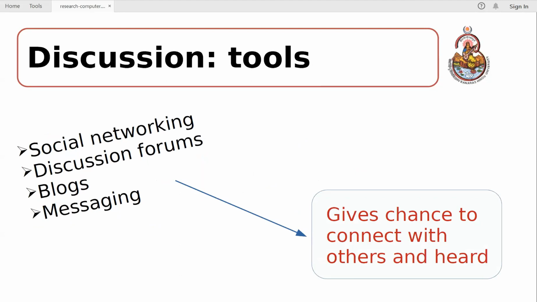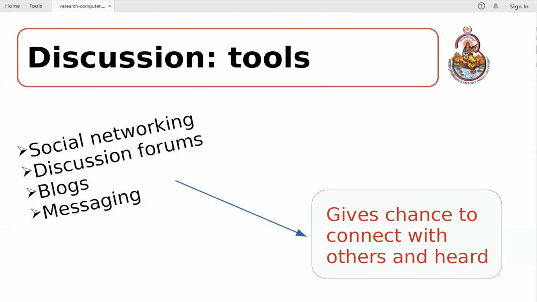Like today, you have social networking. Many times social networking is referred to as a negative aspect, but social networking has a lot of positive aspects if you use it properly. You have discussion forums, you have blogs, you have messaging, and all these tools are interactive.